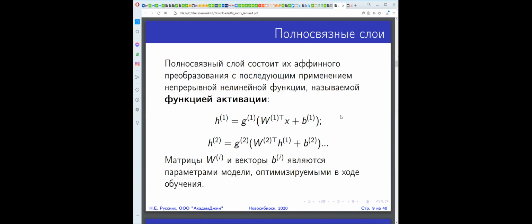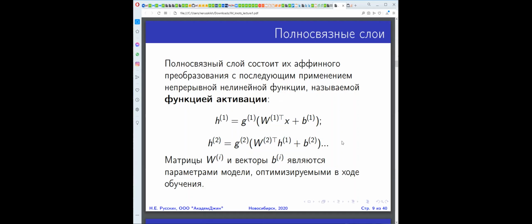And non-linearity here really matters, because all layers have the same structure, and these transformations are applied consecutively.